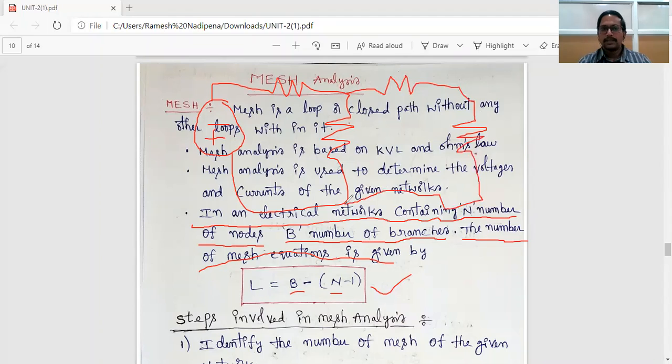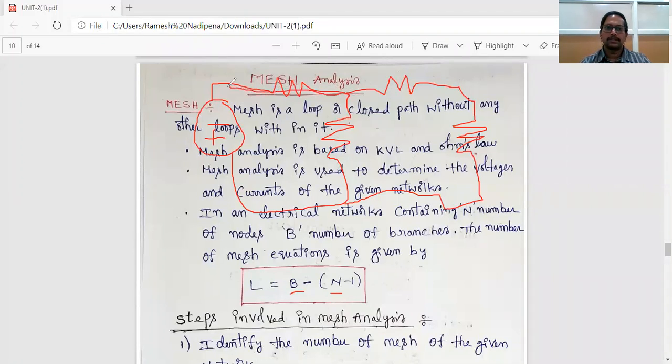From the given network, first identify the number of branches. This is one branch. A branch is nothing but a series circuit. This is one series circuit, one branch. This is another branch, the second branch. This is the third branch. So the number of branches is 3.